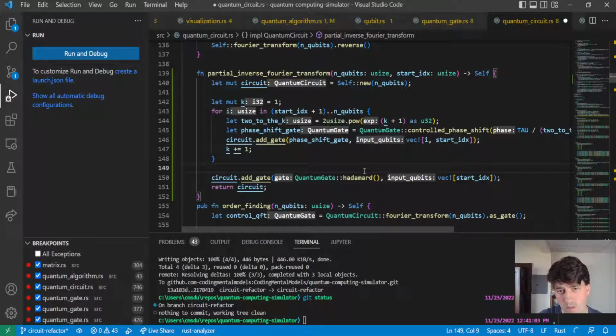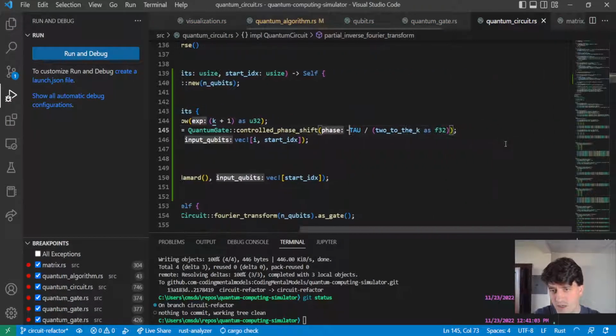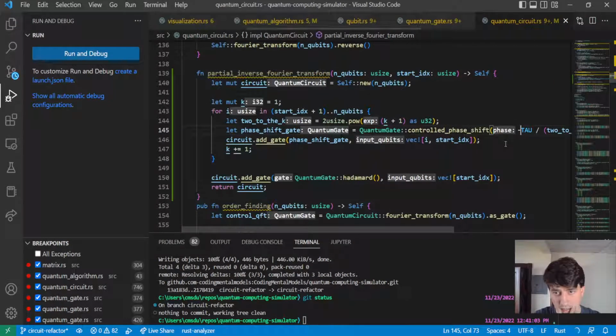Does it matter the order that we apply these in? I think it might not matter. I think I might just be able to rotate this by a negative number, and it might not matter.